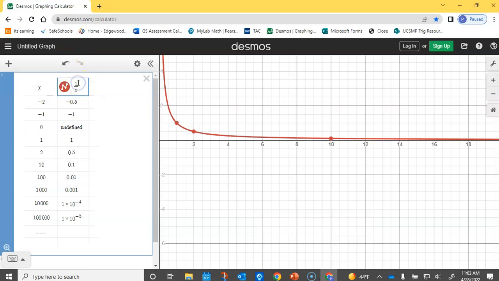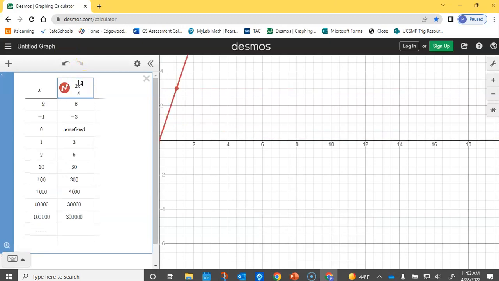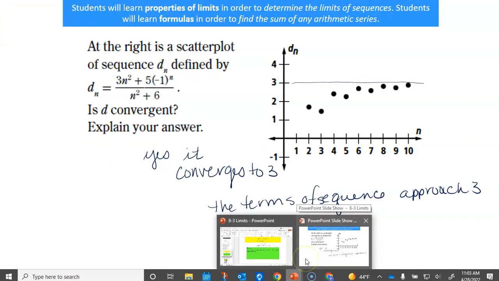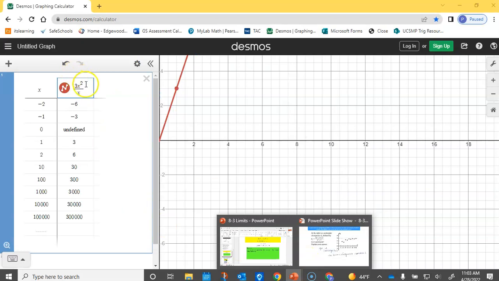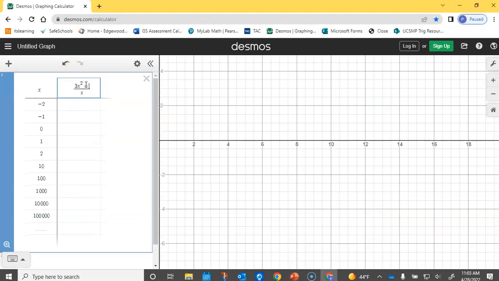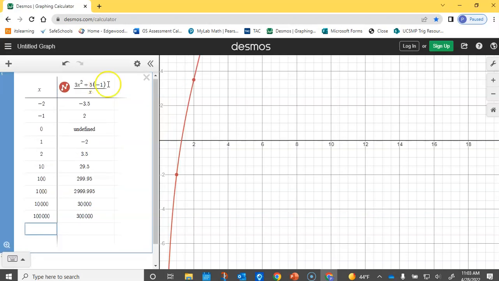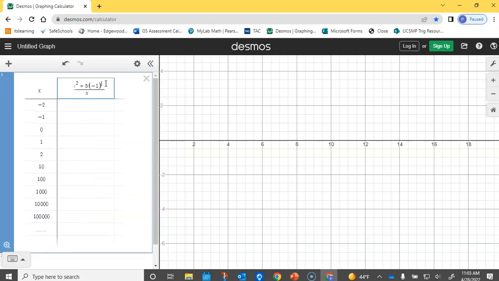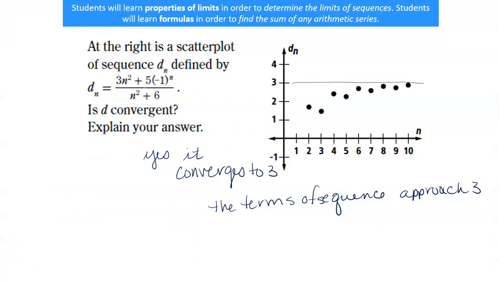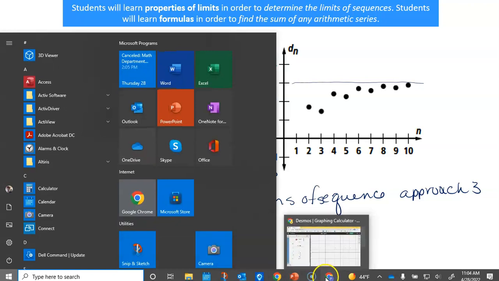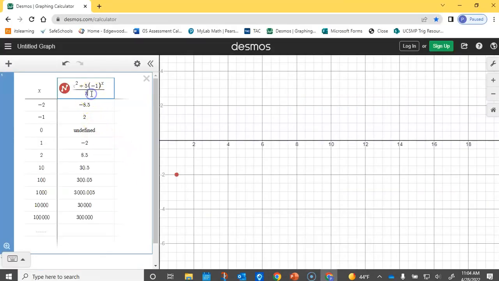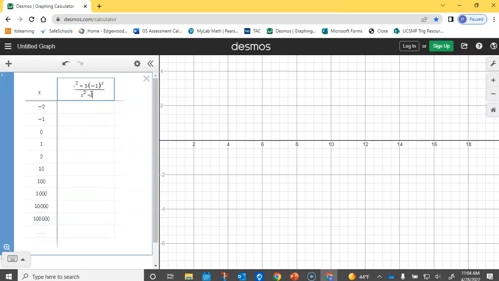And we have 3x squared, plus 5, parentheses, negative 1, parentheses, to the x, divided by n squared plus 6. So x squared plus 6.